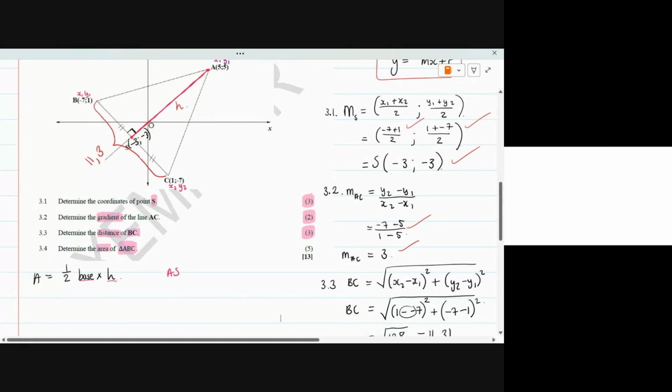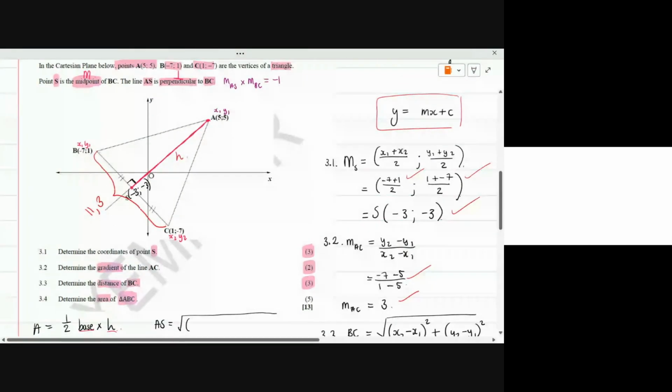All right. So I'm going to start by calculating the distance of AS. Slowly going through it. Okay, since A has already been labeled x1, y1, I'm going to label S x2, y2. Let me just write the coordinates a little bit better.